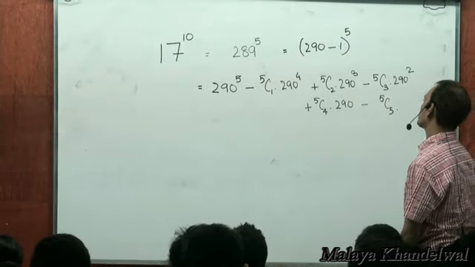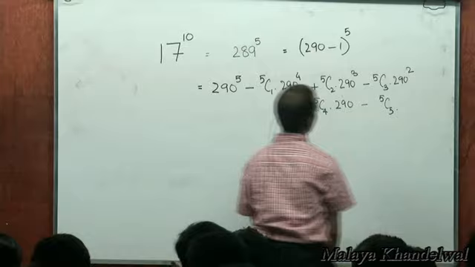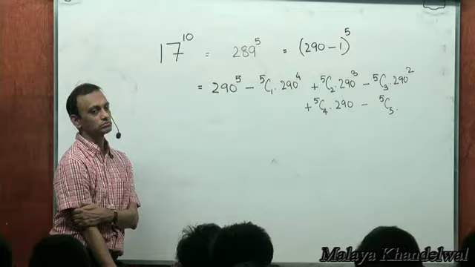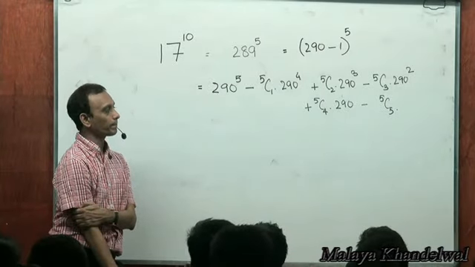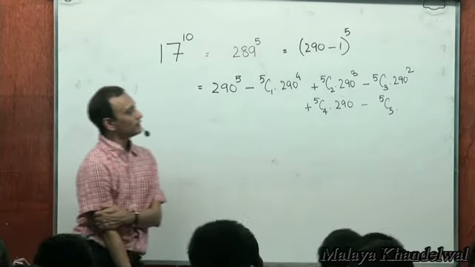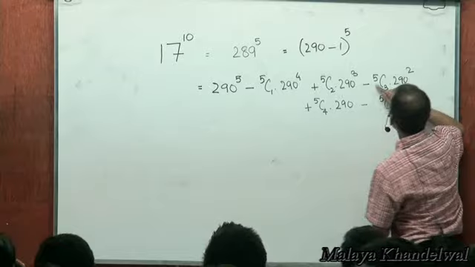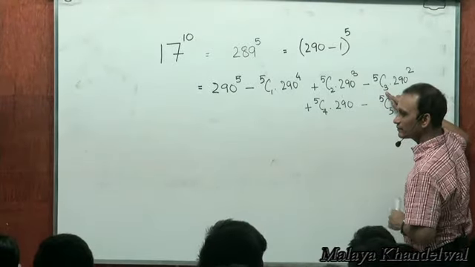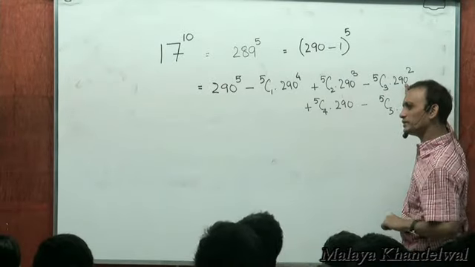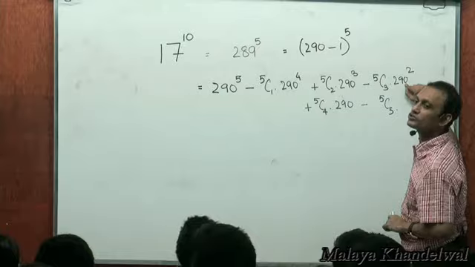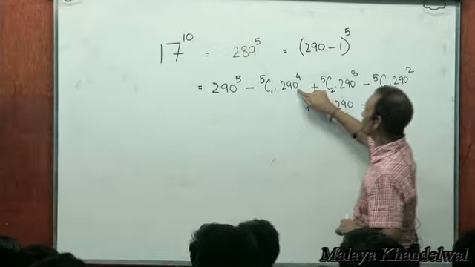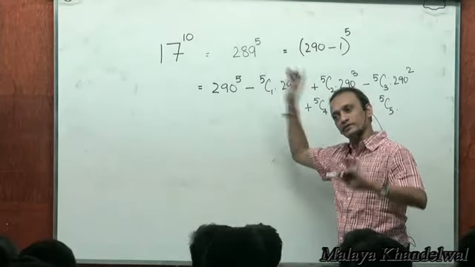Right? Now realize 5C3 is what? 10. 5C3 is 10. So you will have a 10 cubed here. You will also have a 10 cubed here, a 10 cubed here. Yes or no?